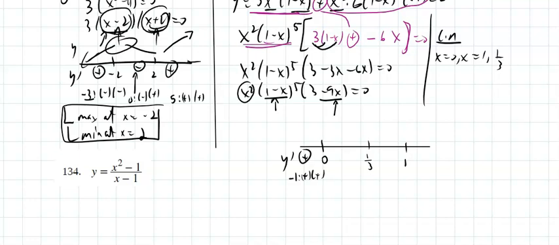A point between 0 and 1/3, take half of that, 1/6. 1/6 squared is positive, that's always positive. 1 minus 1/6 is positive. If you put 1/6 in there, -9 times 1/6 is -9/6, that's -3/2. 3 minus 3/2 is positive.